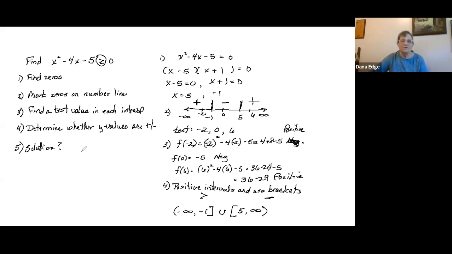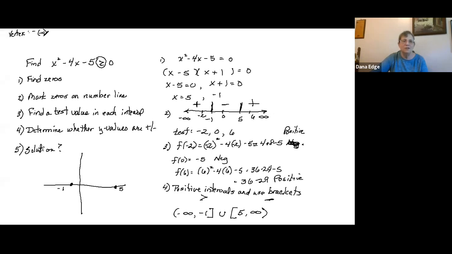The graph of this, the zeros are at -1 and +5. You know that this has a positive a and it's a quadratic. So technically the vertex, all this works together. The vertex of this would be at negative b over 2a, which should be 4 over 2.